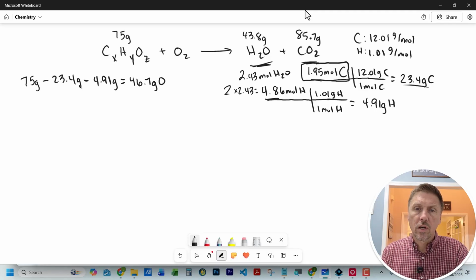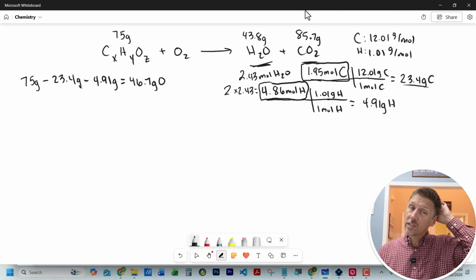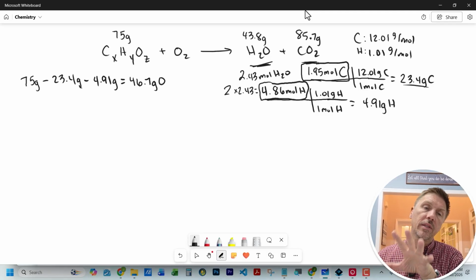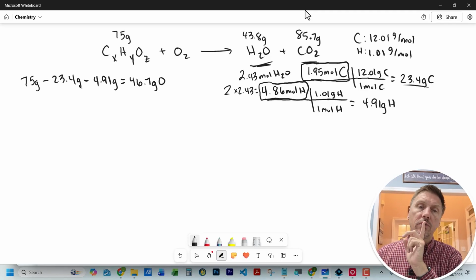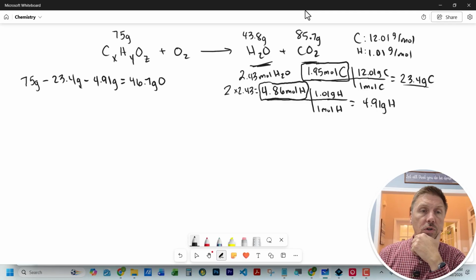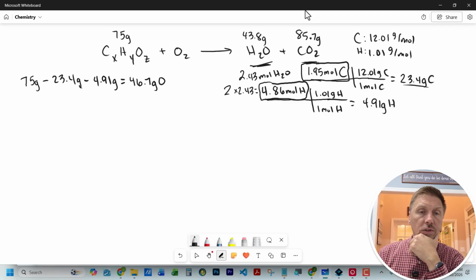We've got the moles of hydrogen right here. In order to figure out the empirical formula, we need the number of moles of every element that's in the substance that we were burning. And so we've got to find how many moles of oxygen we have. We look at the molar mass of oxygen, which turns out to be 16 grams per mole.